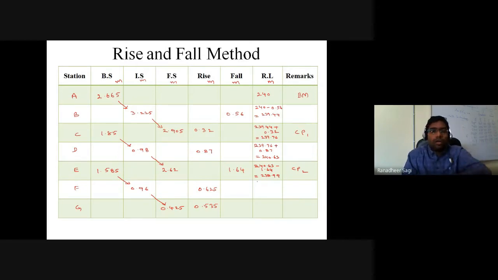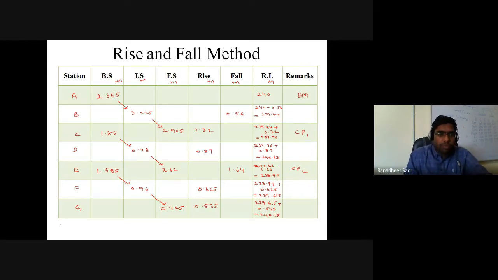Next, RL of point F is RL of point E, 238.99, and at F it is a rise, so plus 0.625 gives 239.615. And RL of point G is RL of point F, 239.615, and once again it is a rise, so plus 0.535 gives 240.15.